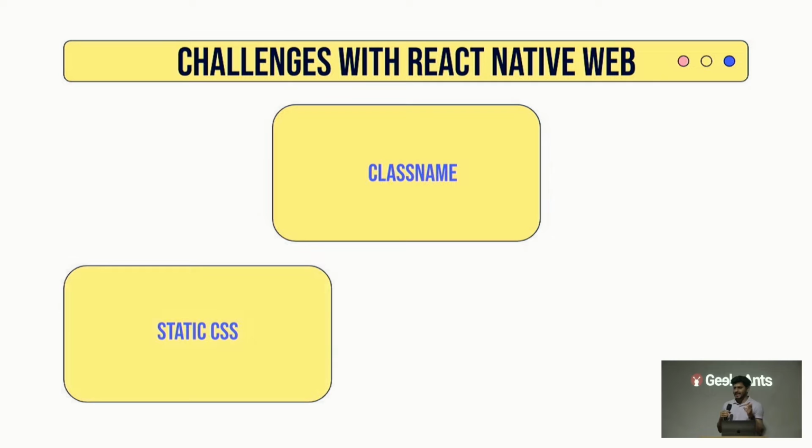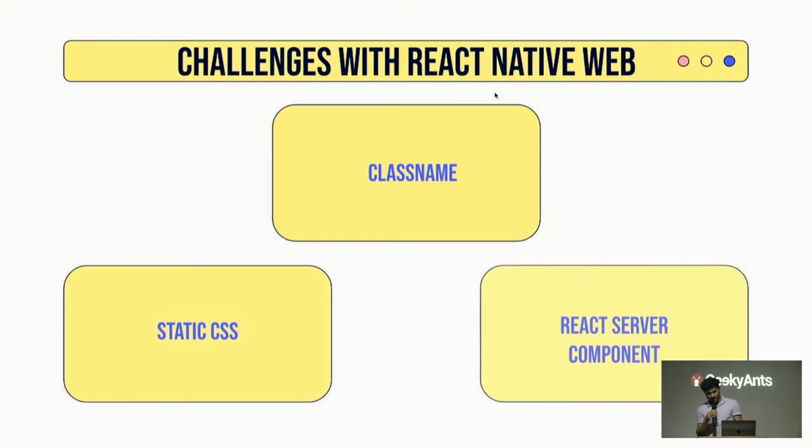And the second thing comes with the static generation of CSS. As we know, React Native Web is completely runtime, unless you do some magic with it, like we do in React Native with GlueStack style. Otherwise, it is completely runtime. And because of this, if you see the currently hyped market for React on the web, it is server driven, React Server Components.